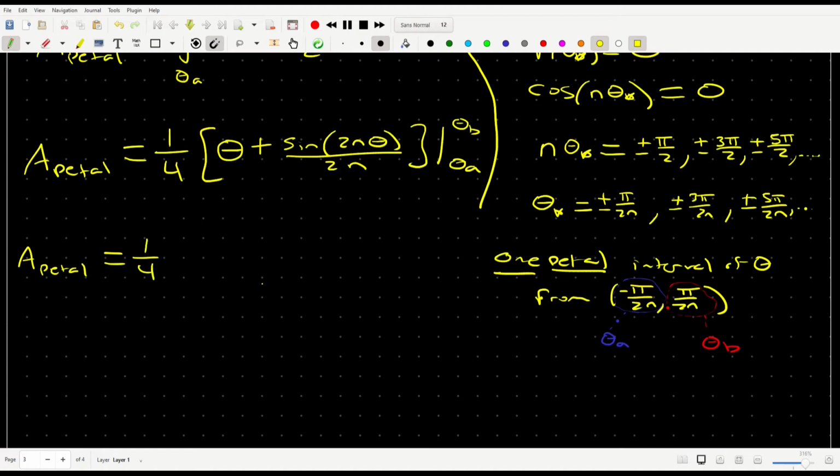And so this is going to be the same thing as 1/4 times theta b minus theta a plus 1 over 2n times sine of 2n theta b minus sine of 2n theta a, where we can plug in the correct values of our bounds for this petal.